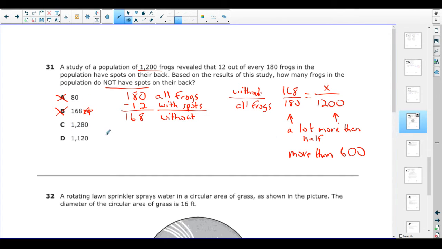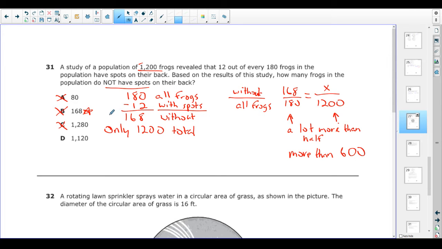And then if I look at the remaining two, it cannot be C. And if you think about it, why can't it be C? Because there's only 1,200 frogs total. So if there's only 1,200 frogs, is it possible that 1,280 of them do not have spots?